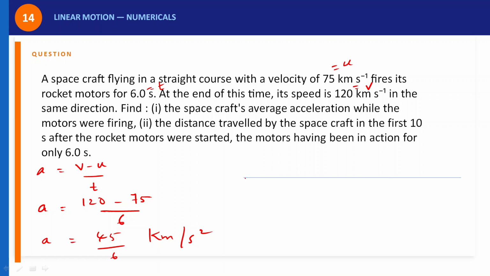There is a straight line. I will select 3 points: A, B, and the last one is C. At A, velocity is u. At B, its velocity is v.